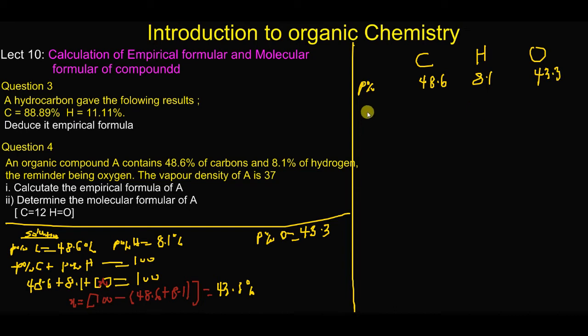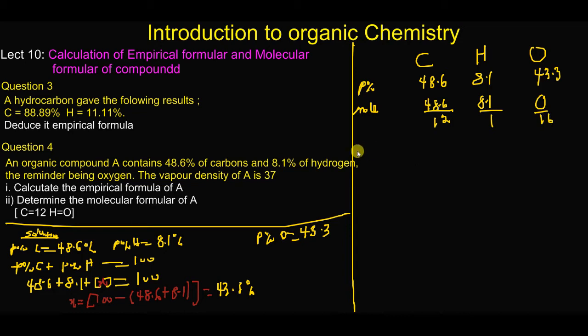Once you do that, you then find the mole. And I've been saying always that the percentages are masses, so you divide the mass by the molar mass. The molar mass for carbon is 12, for hydrogen is 1, and for oxygen is 16.